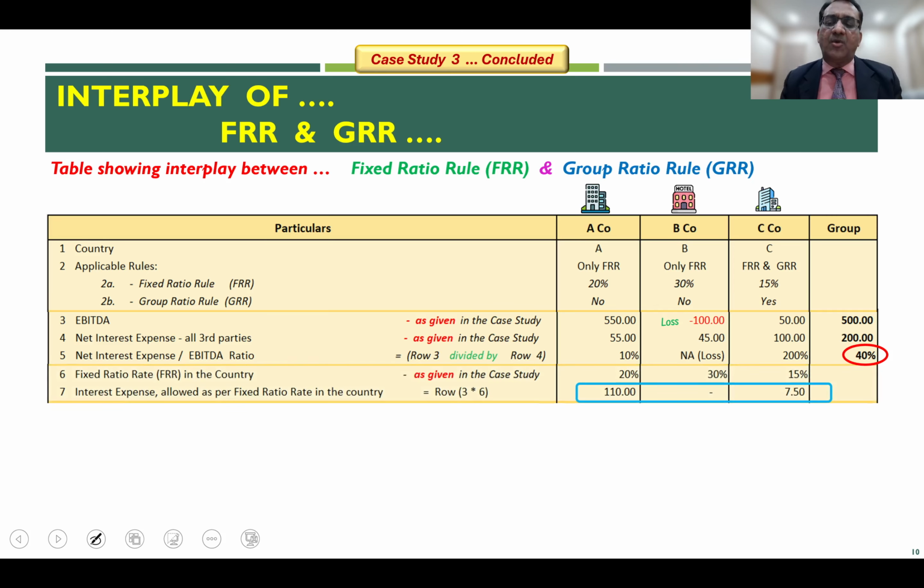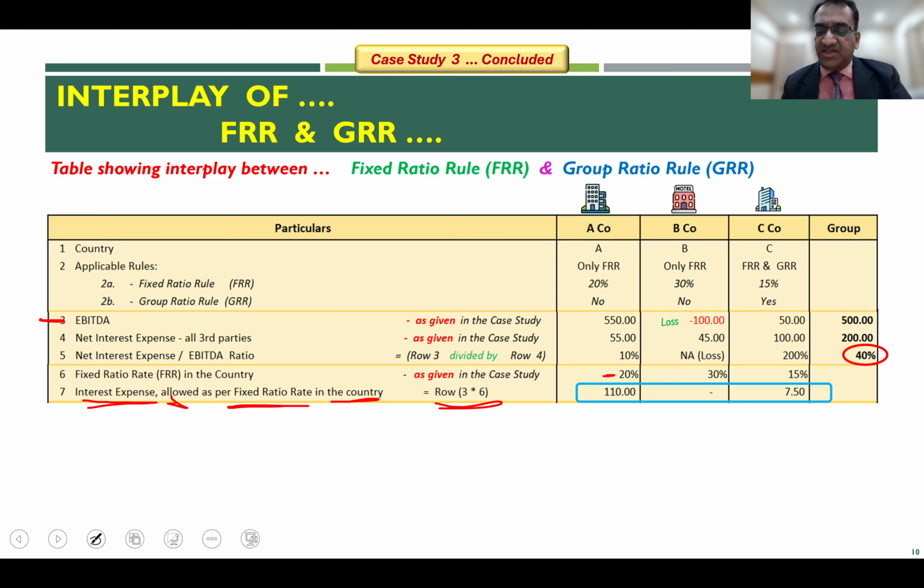Now, move on to the computation. The fixed ratio rate in each country, which we have already looked at, is 20, 30, and 15. I just brought forward the data from this particular row. So if you apply the fixed ratio rule, how do you compute the allowable interest? The interest expense allowed as per the fixed ratio rule in the country will be the EBITDA multiplied by this rate.